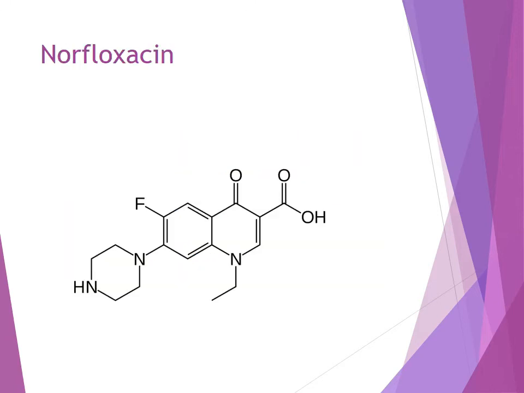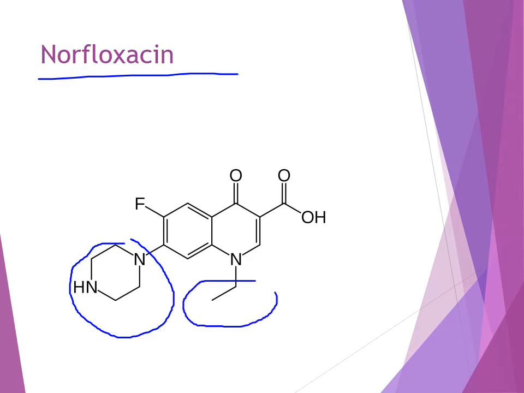Next one, we have your norfloxacin. So itong norfloxacin, meron siyang fluorine atom which provides potency against gram-positive organisms, whereas the piperazine ring moiety improves anti-pseudomonal activity. This drug also contains an ethyl group in the quinolone group. Ito po, meron po siyang piperazine ring, meron din po siyang ethyl group.